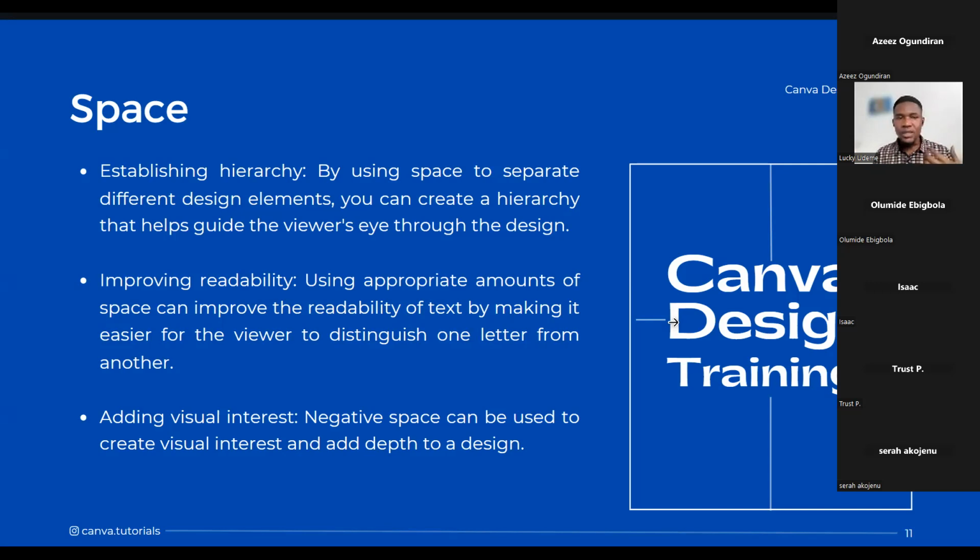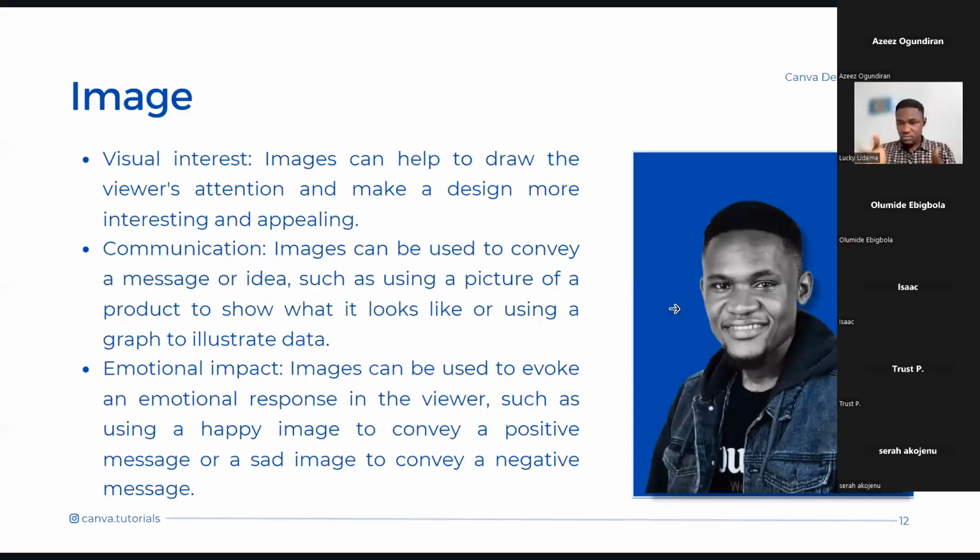Okay. And then image. So what does it do? It helps for visual interest. It also helps for communication, and for emotional impact. There are a whole lot of reasons. I tried to make this slide short, so I use these three uses.